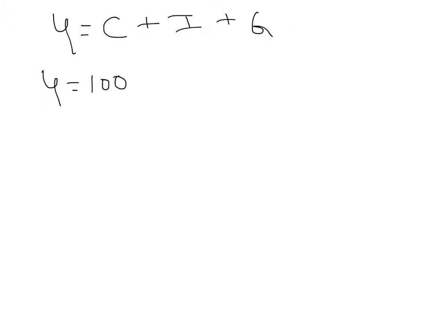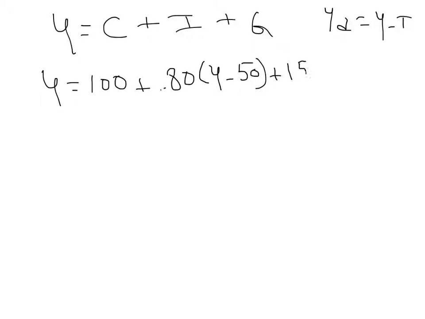So we want to start off for the goods market with Y equals C plus I plus G. Now I'm going to plug in and we'll say Y equals, and we found out that C was equal to 100 plus 0.80 YD, and YD is equal to Y minus T, so 0.80 times Y minus 50, because that's T, plus 150 minus 6I, that's what our investment is, and our government spending is 40.